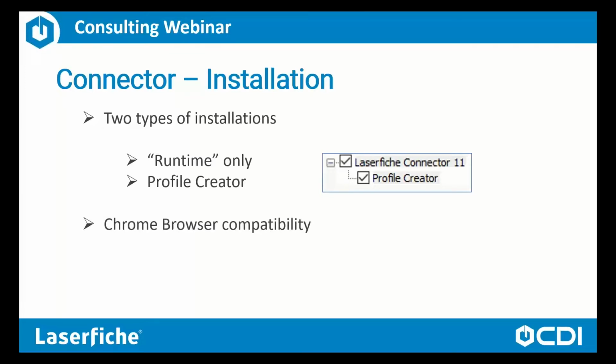The installation also includes a Chrome browser compatibility utility, and this is going to need to be run to ensure compatibility with the Google Chrome browser and Laserfiche connector. The connector will still work without this utility installed. However, the UI automation option may not be available or may take a longer time to run.